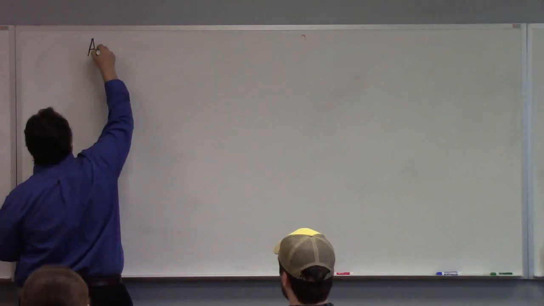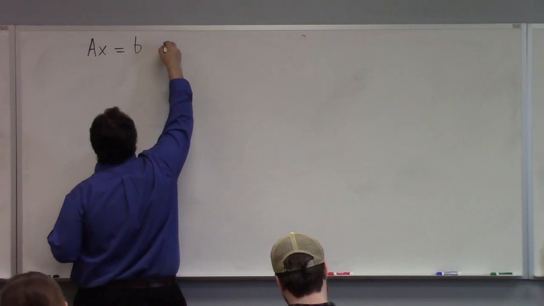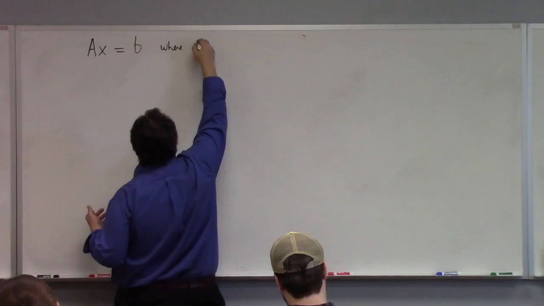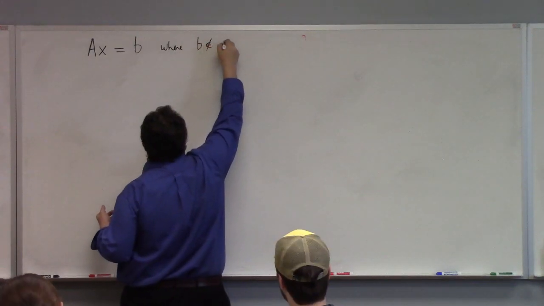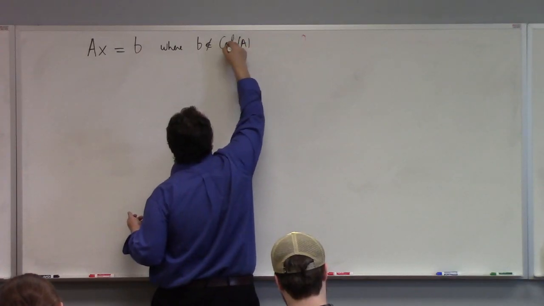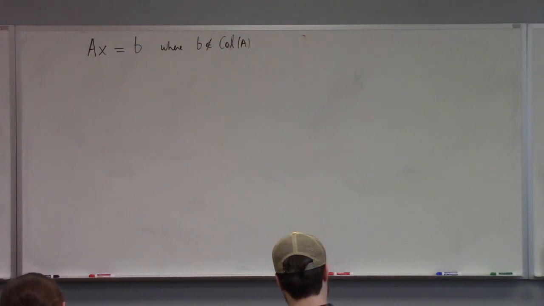We're trying to solve Ax equals b, where we're going to be pessimistic and say b is not an element of the column space of A. What does that mean? What is Ax? Ax is a linear combination of the columns of A, right? So if it's not possible to build b as a linear combination of the columns of A, that means that b is not in the column space of A.